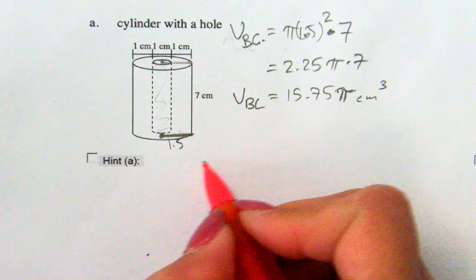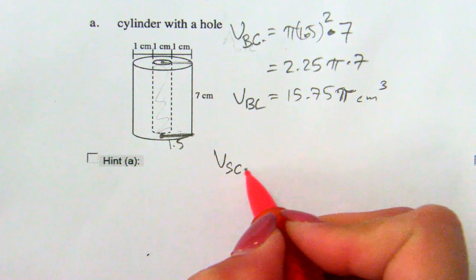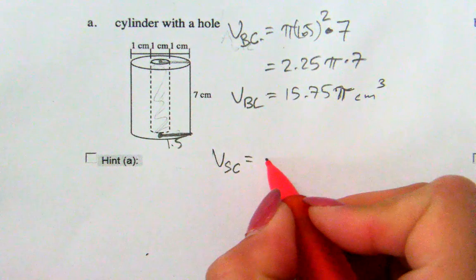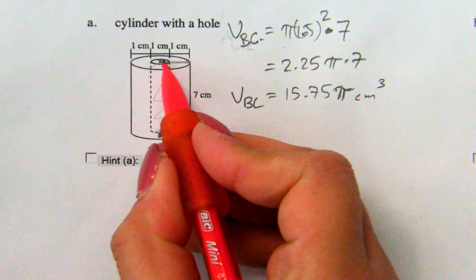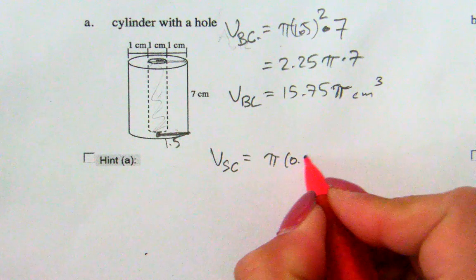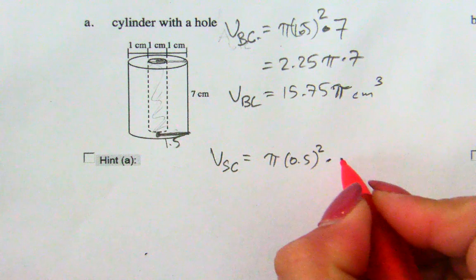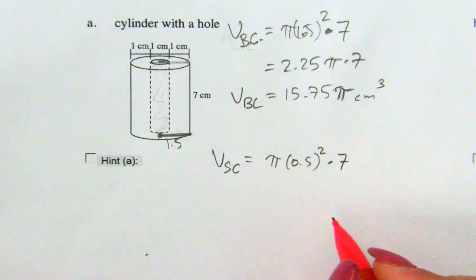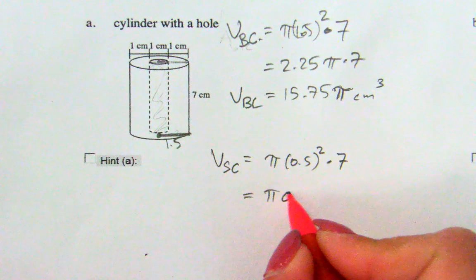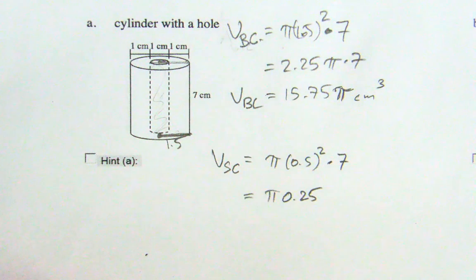Now volume of the small cylinder, because it's this little cylinder on the inside, is pi. That's 1, so half of 1 is going to be 0.5. So 0.5 squared times 7, because it's still 7 tall. So pi times 0.25, right? 0.5 times 0.5 is 0.25, yep.